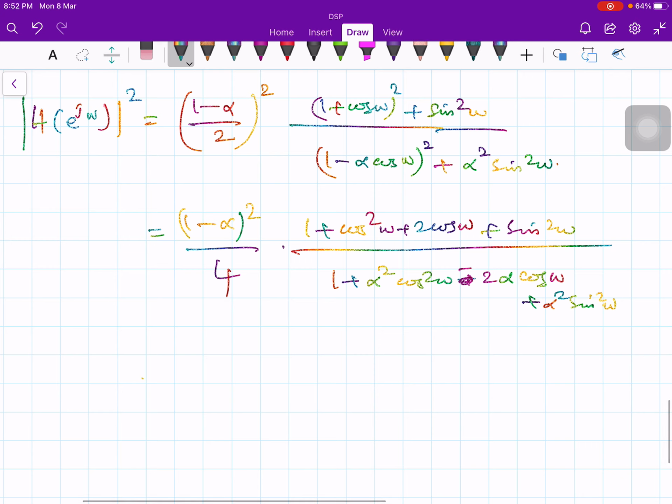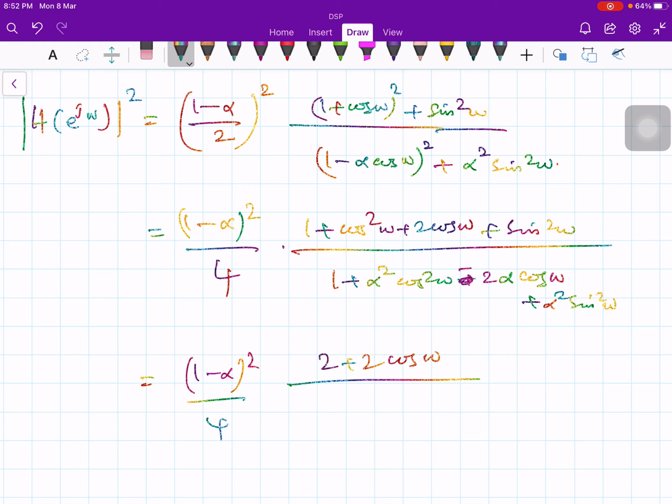If you simplify this, you have (1 minus alpha) whole square by 4, in the numerator 2 plus 2 cos omega, in the denominator 1 minus 2 alpha cos omega plus alpha square. This is the magnitude of the filter.